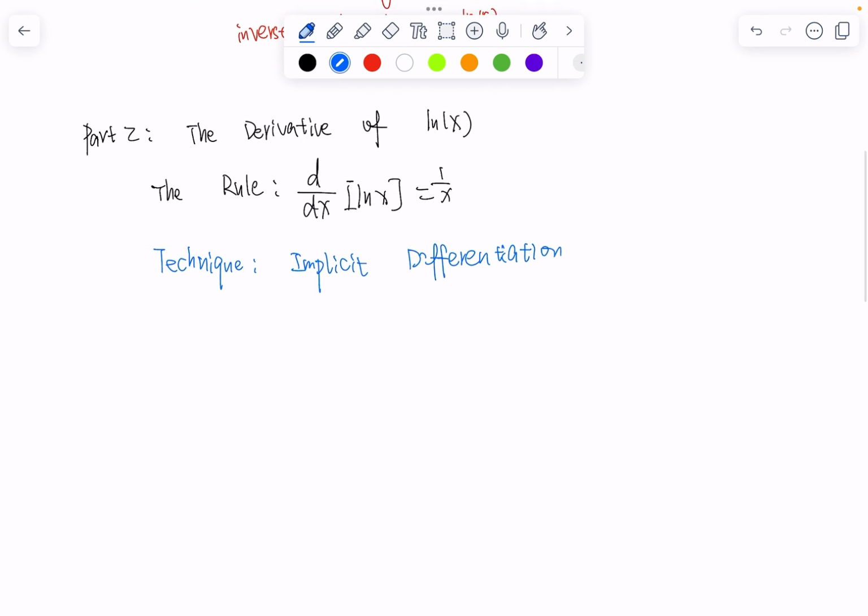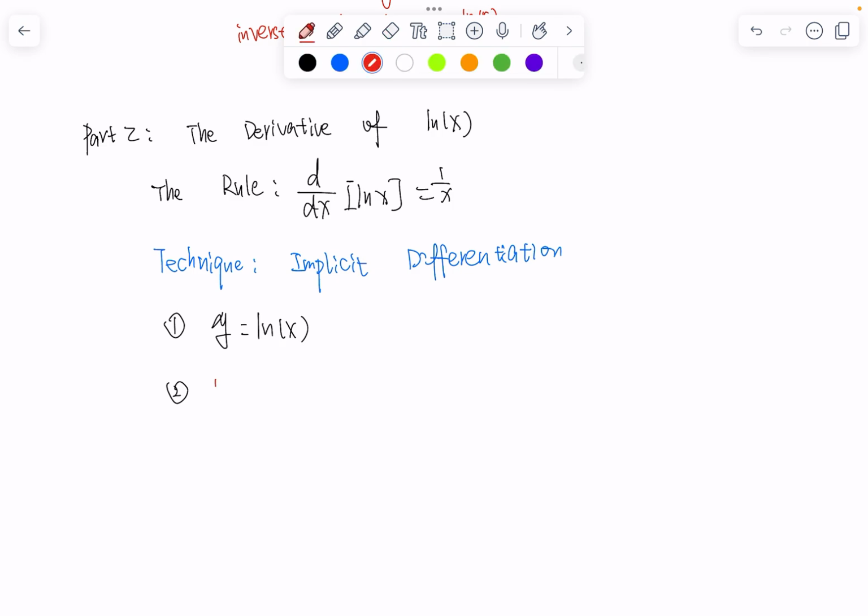So let's get started. Step 1, we start with our function. Let y equal ln x. Step 2, this is the key step.